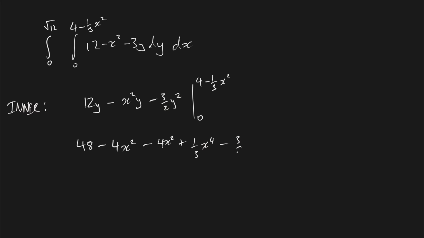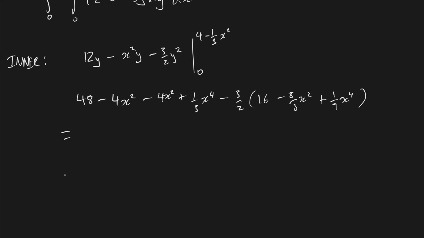And then our final one is minus 3 over 2 times 16 minus 4 over 3 x squared, so multiply by 2, so minus 8 over 3 x squared plus a ninth x to the 4. And then it's minus 0 because there's y in each of these terms, so that's just going to equal 0. So this is our final thing here.